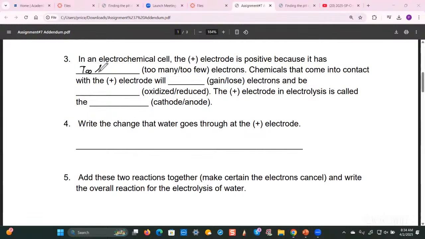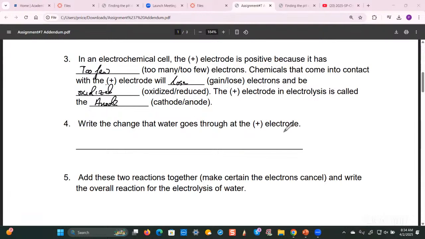Too few, okay? Chemicals that come into contact with the positive electrode will lose electrons and be oxidized. The positive electrode is called the anode.